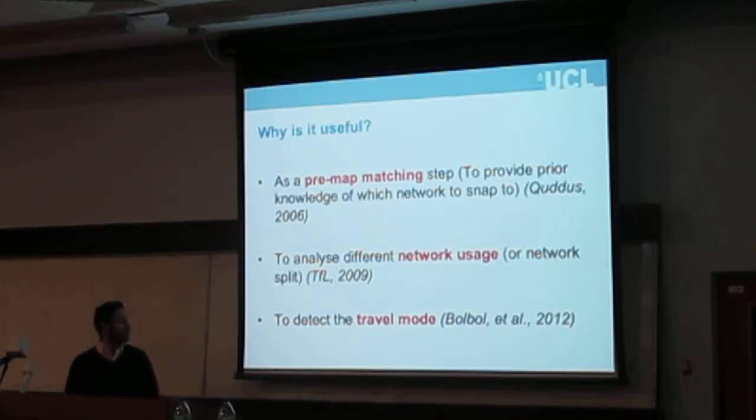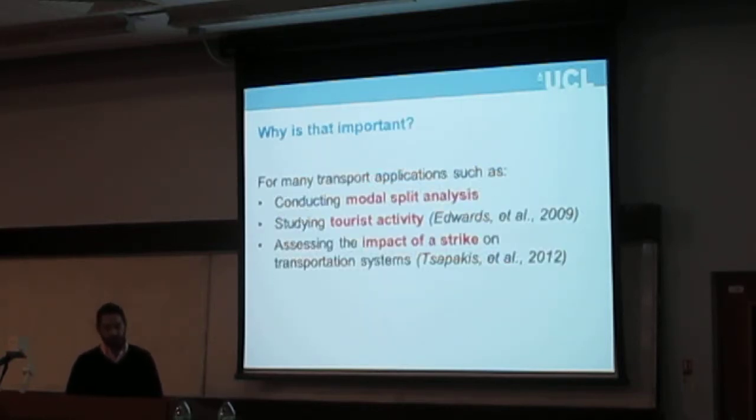It's also useful for the detection of the travel mode from GPS data. Why is that important? It's important at the higher level to run modal split analysis, studying tourist activity, assessing the impact of a strike on a transport network, and seeing which networks get affected.